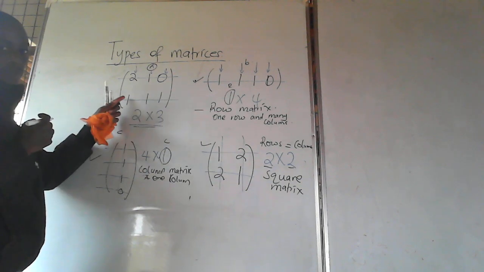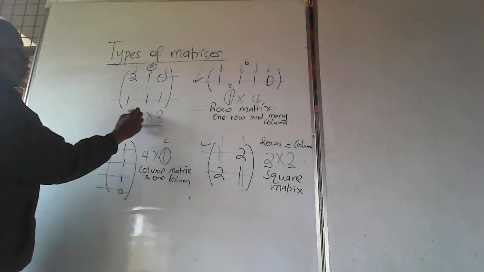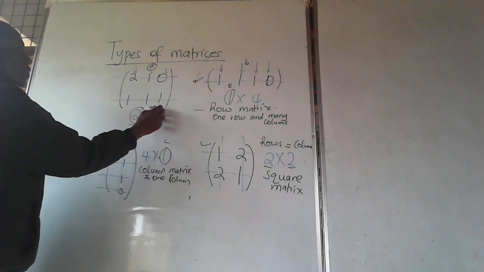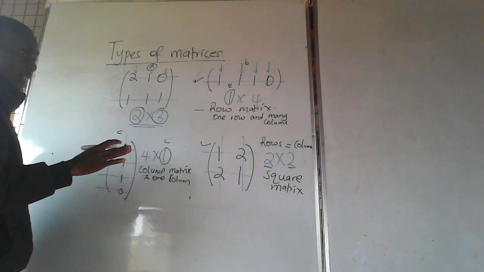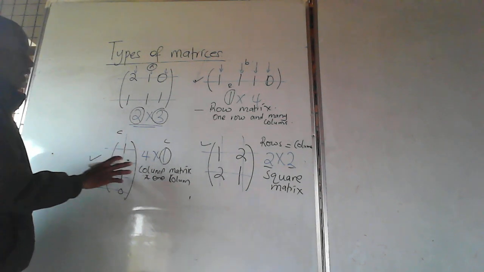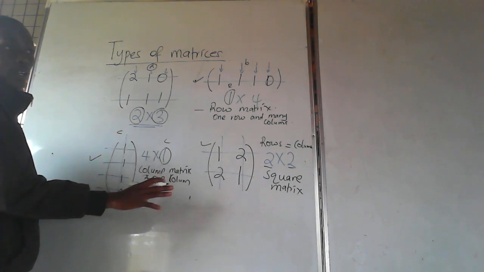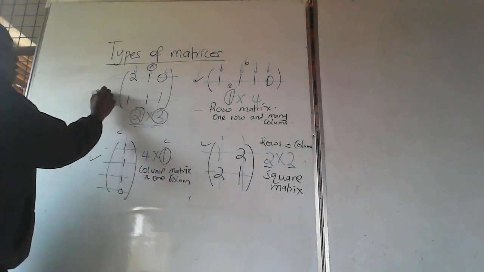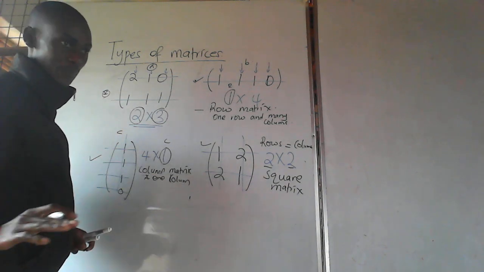So this one already has unequal sides: 2 rows, 3 columns. It is just a matrix, but we can't say it's a column, we can't say it's a row, we can't say it's a square. So this is just a normal matrix, but has no special name.